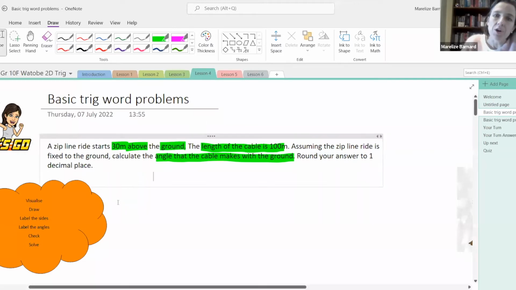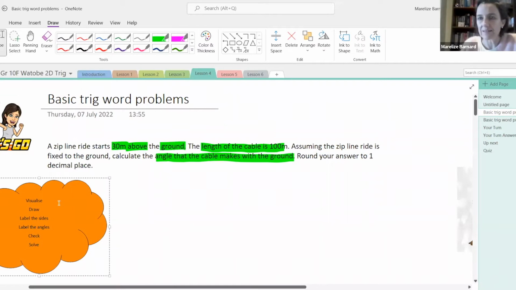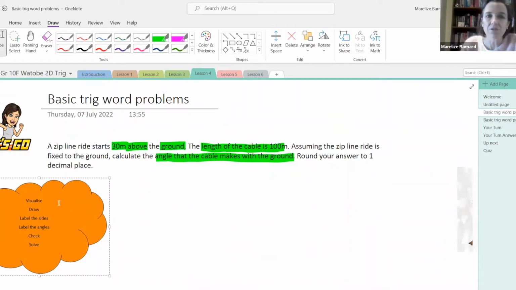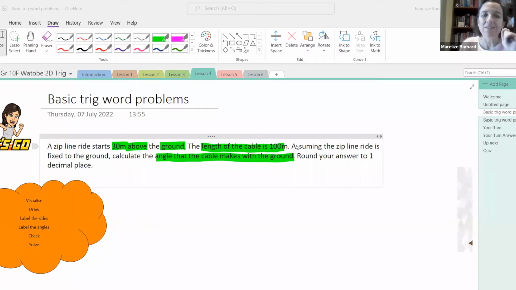So first of all, I want you to visualize this situation. You don't have to have been ziplining before to understand the question. It's just about a cable that is running from a high point to a low point, and it's making an angle. So visualize the situation, and then put your artist cap on and draw.